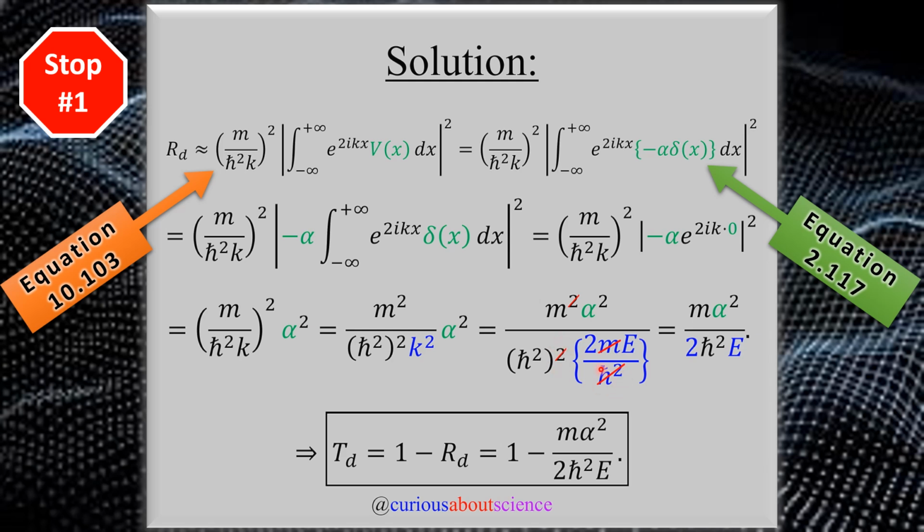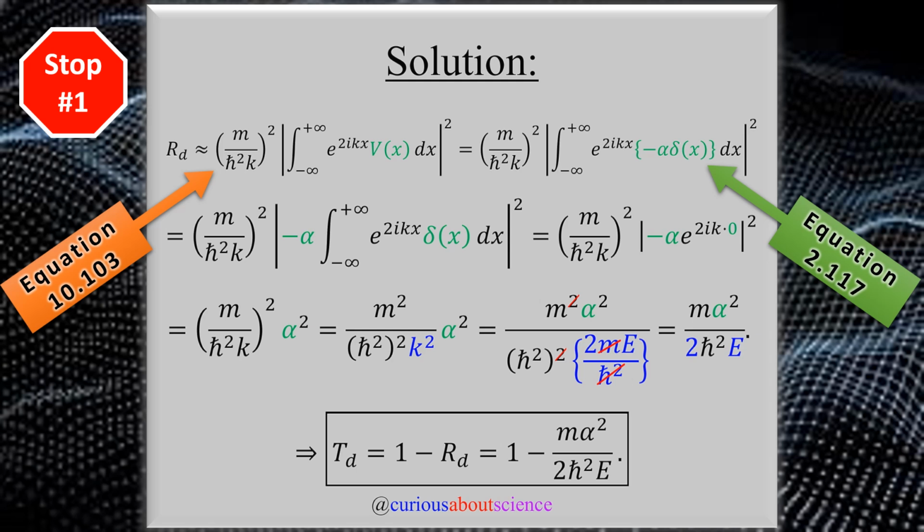That's the 2 right there. With that, the mass terms cancel, so we get all confined here. Pretty easy. So then we're left ultimately with the reflection coefficient of m alpha squared over 2 h bar squared E. Putting that into the relationship with the transmission coefficient, which is just 1 minus R, then we see we get this transmission coefficient, which isn't too bad.